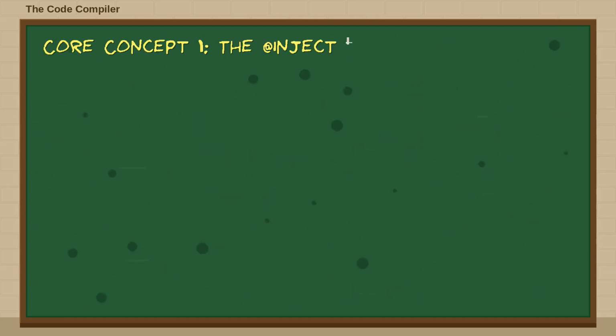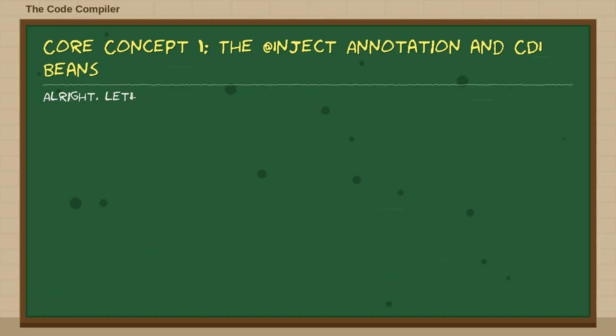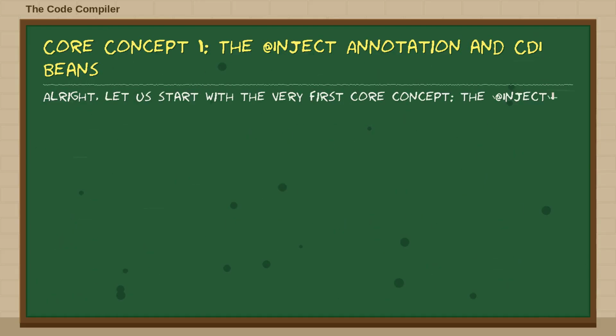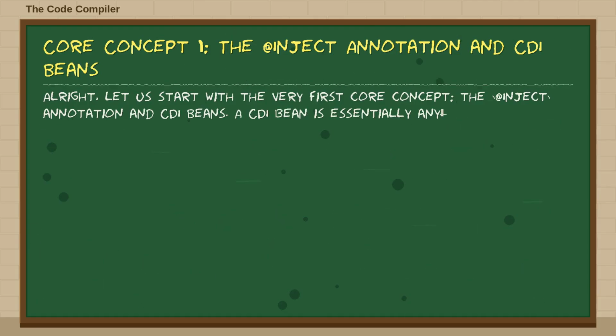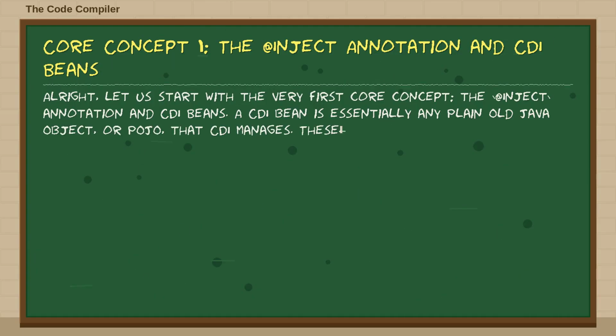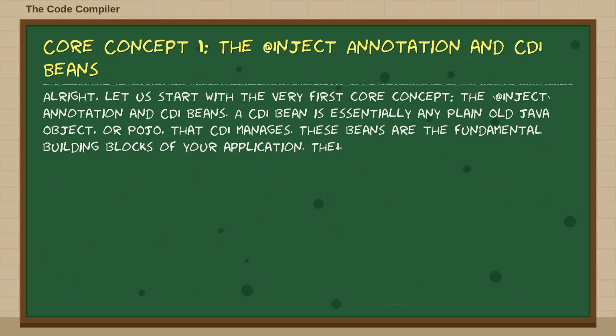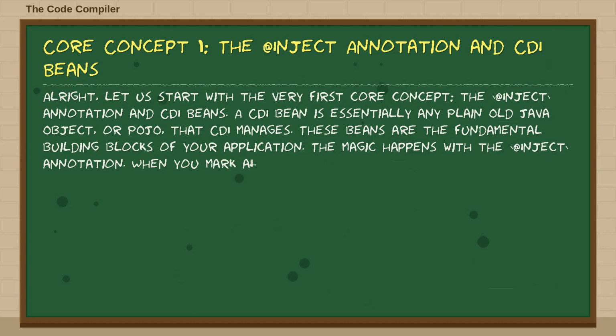Alright, let us start with the very first core concept, the @Inject annotation and CDI beans. A CDI bean is essentially any plain old Java object, or POJO, that CDI manages. These beans are the fundamental building blocks of your application. The magic happens with the @Inject annotation.